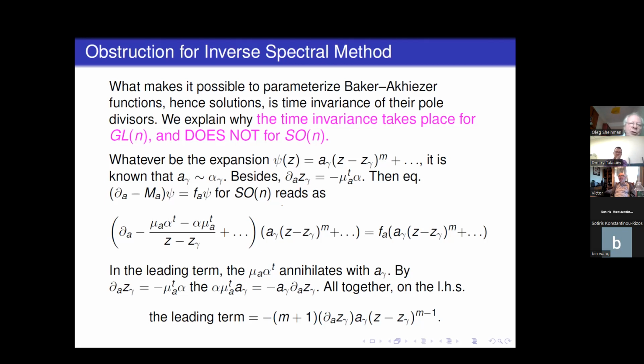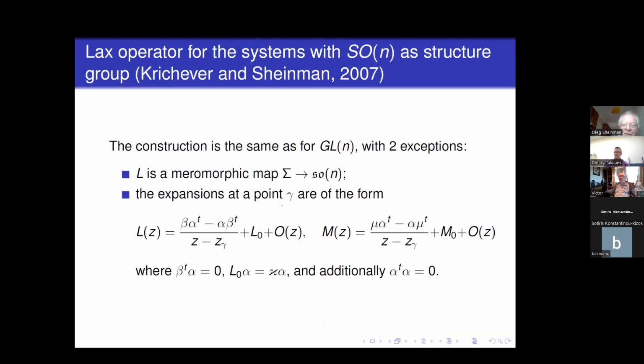But I still assume that A gamma is proportional to alpha, and hence the scalar product of A gamma and alpha gamma is equal to 0 by that condition which we discussed right now.